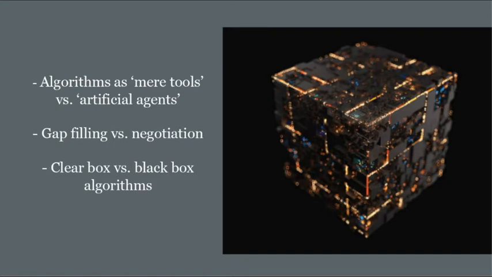Having established this classification, the mere tool algorithms and the gut feeling algorithms have a more straightforward legal fit in contract law, but the situation is really different when we are speaking about negotiation algorithms, and especially if they are black box algorithms.